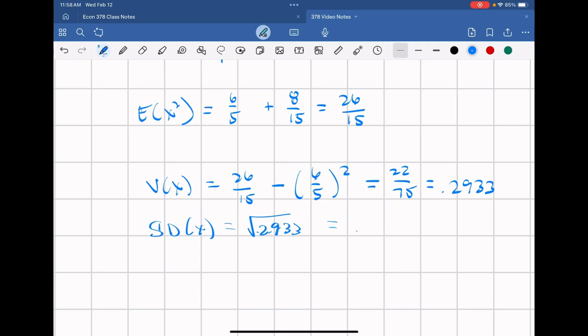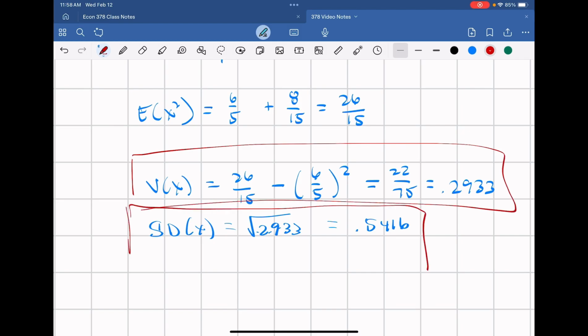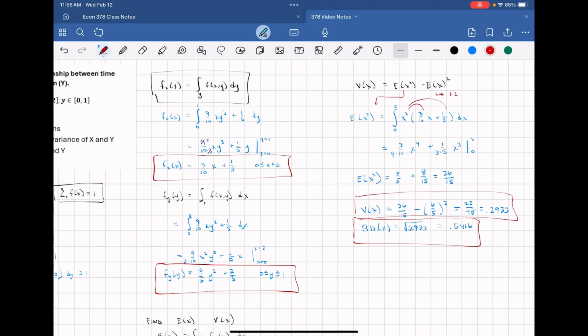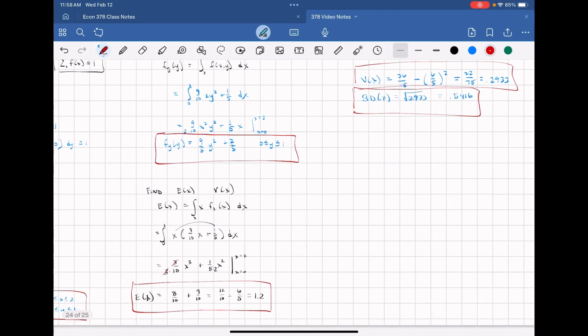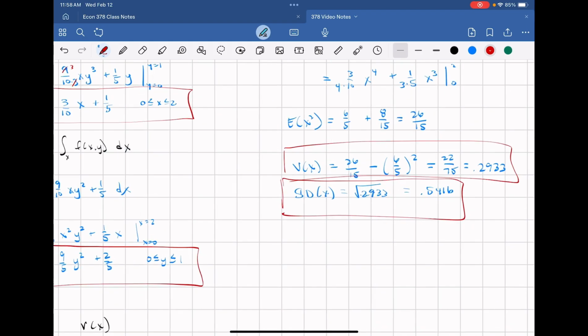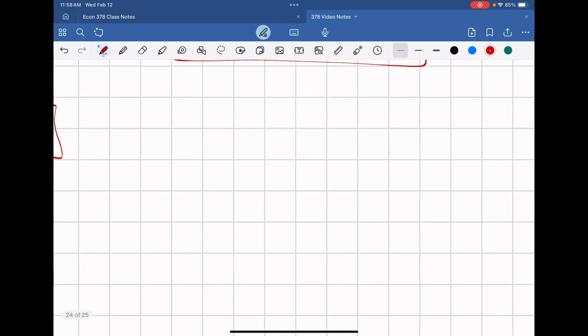And so this will equal 0.5416. So here is the variance of x, and here's the standard deviation of x. So there's where we found, using the marginal density function of x, we found the expected value, and we found the variance and standard deviation. Now for y, we can do a similar thing. The expected value of y is equal to the integral of y times f sub y of y.